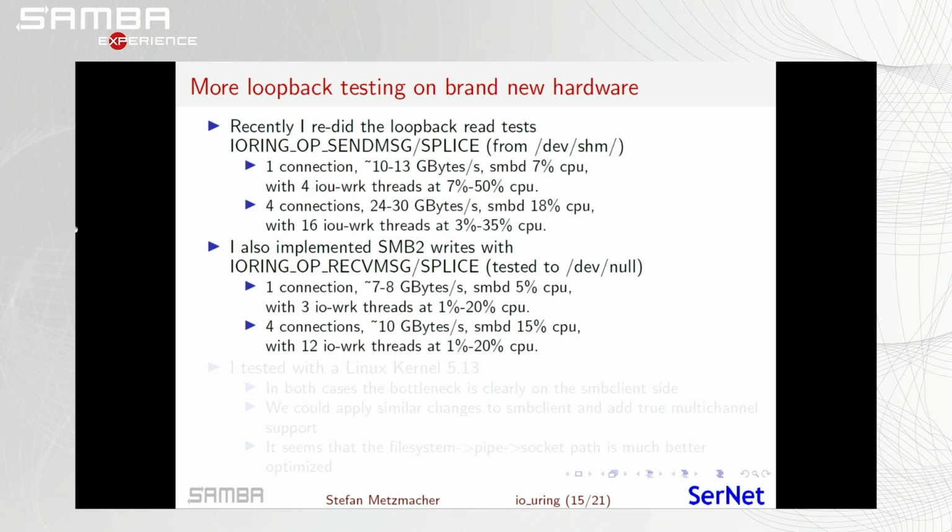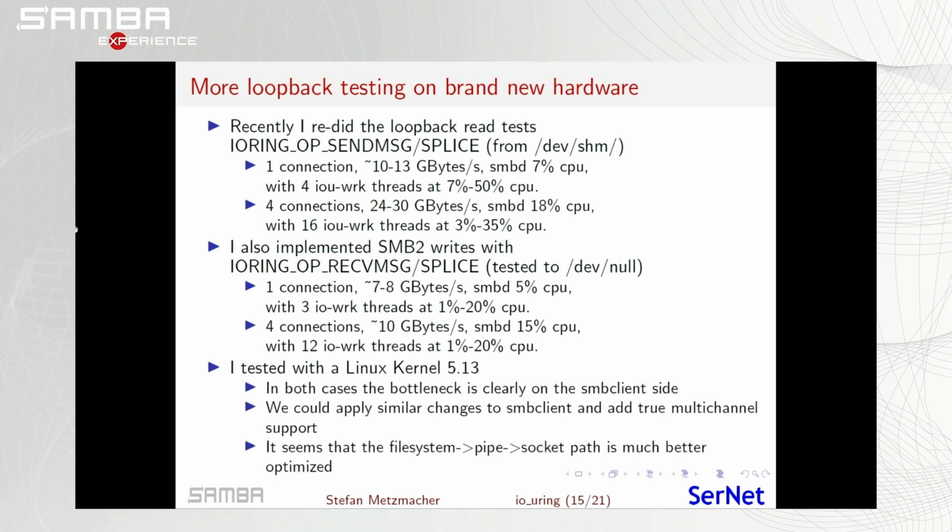And I also got very good results with that. And yeah, in both cases the SMB client is clearly the problem, and the zero copy support from file system to pipe and to socket is much better optimized than the other way around.